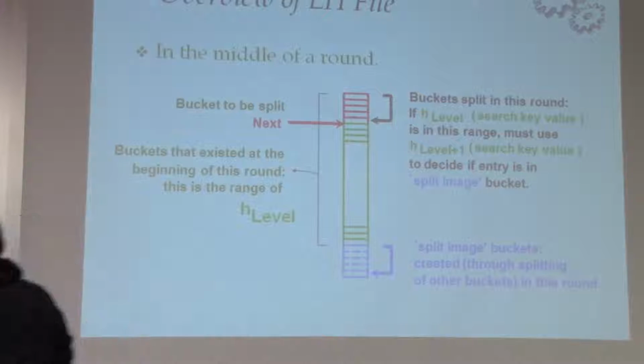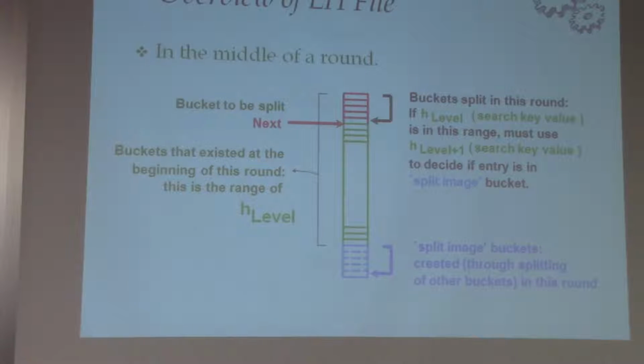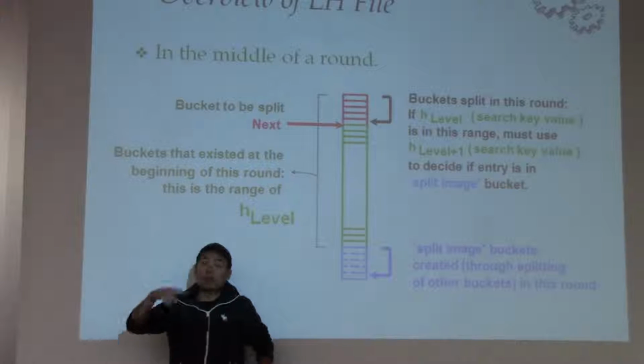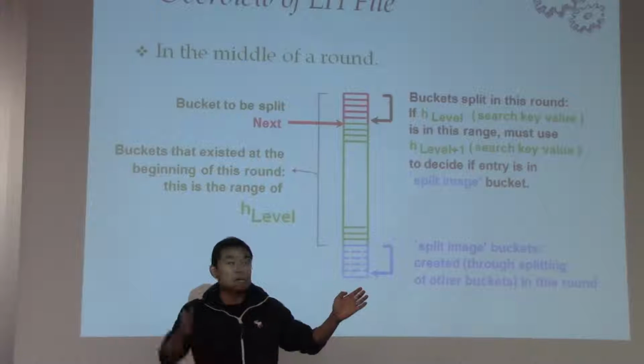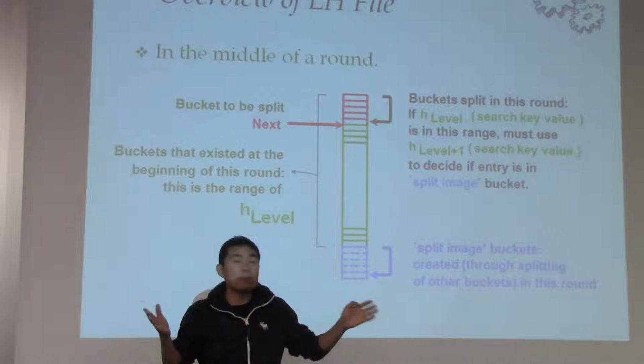And you know exactly at this time how many buckets you have. Well, you have this many red buckets by that time, and you have the same number of blue buckets when this pointer reaches here. Why? Because every time you split a green bucket, you produce 1 red and 1 blue, and you have 2 to the power of level times n green buckets to begin with.